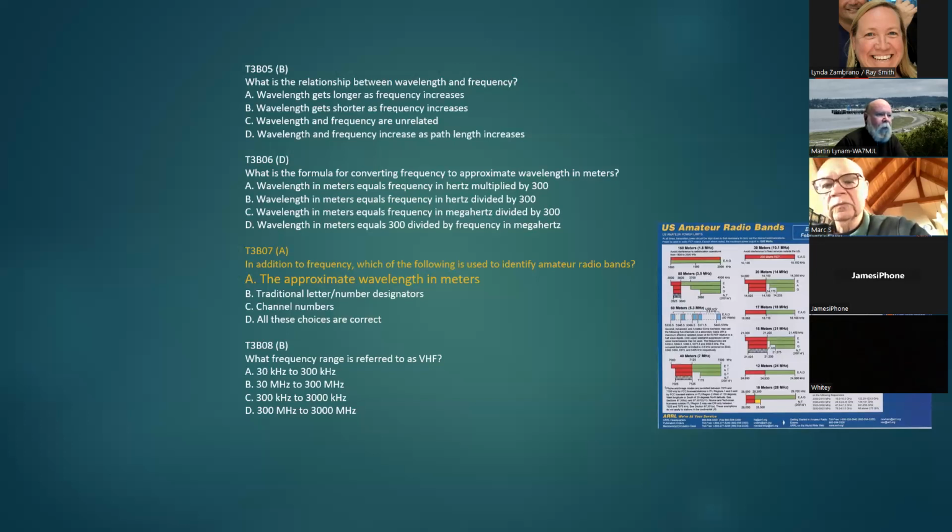So if someone says, oh, I'm working on the 33 centimeter band, that says they are actually operating around 900 megahertz. They just go back and forth. So you just have to know both.